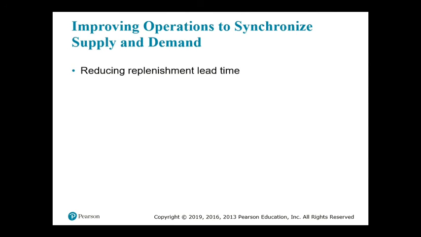And then improving operations. One is reducing lead time. This can decrease the uncertainty of demand during lead time and increase forecast accuracy, and maybe sometimes if the lead time is reduced sufficiently, forecast need can be completely eliminated.